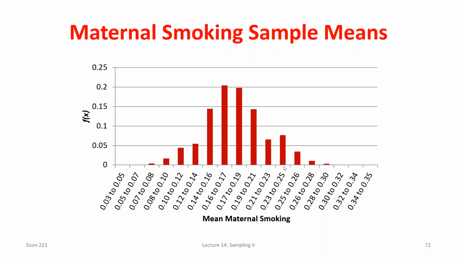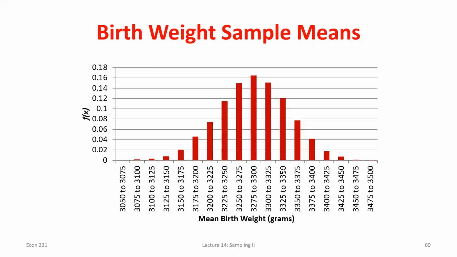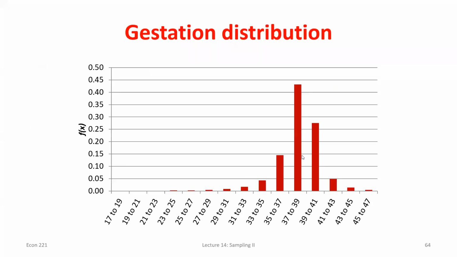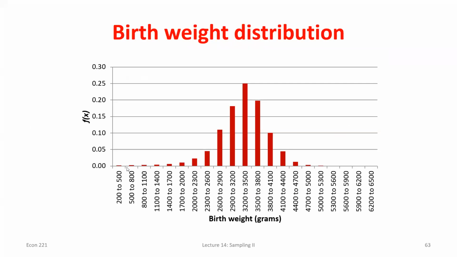I also want to point out here, if we go to the birth weight, notice the values I see for birth weight, even just the range, is from 3,000-ish to 3,500. If I look at the original variable, the values I could see range from like 200 to 5,000.